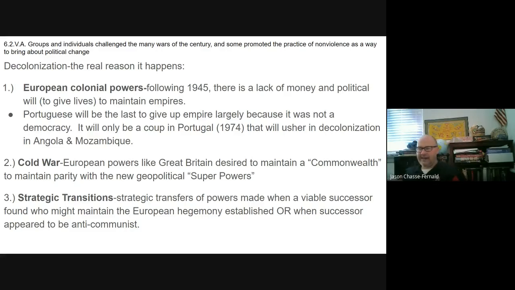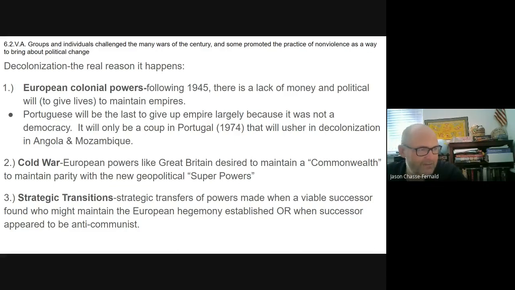So when you take the fact that Europe is economically in ruins, you've also just lost around 40 plus million of your people in the war. There's not going to be a lot of financial ability to maintain empire. And if you're talking about a democracy, the political will is simply gone. How do you make arguments to send the children, send the sons of the mothers in your country?